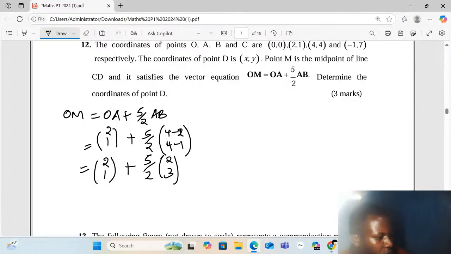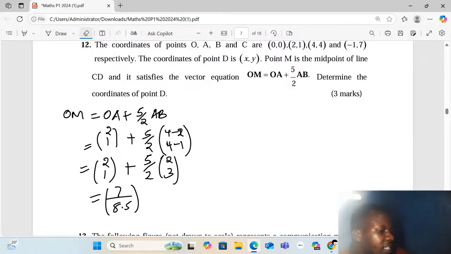We're going to get 7, and then 8.5 as our final OM. So our OM becomes the vector 7, 8.5.